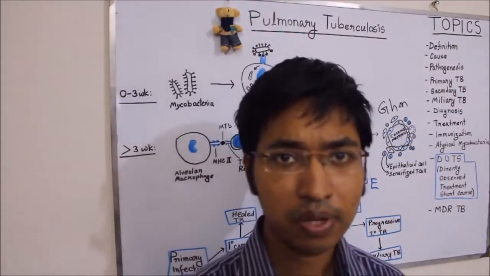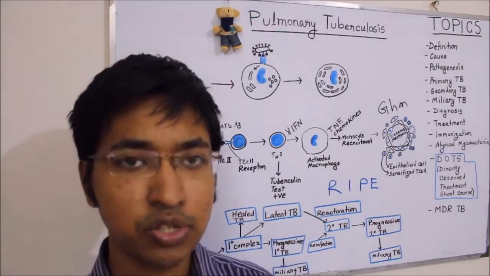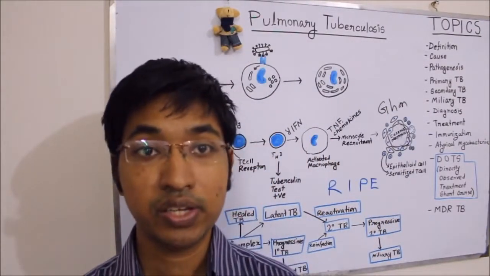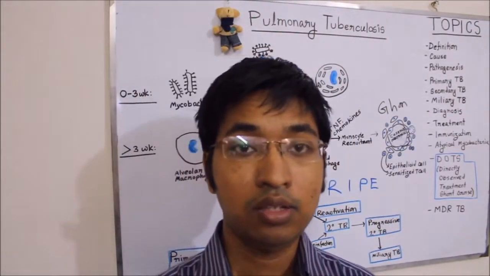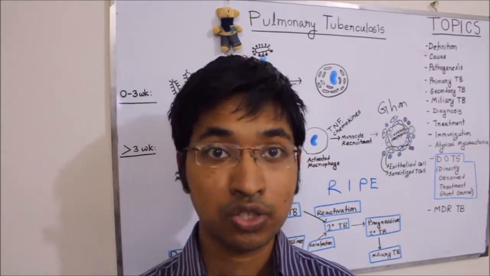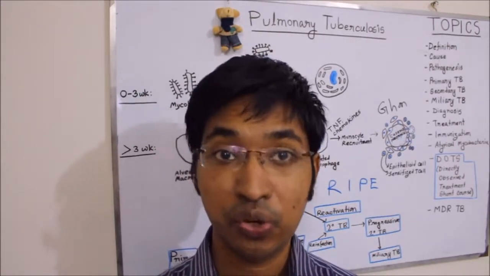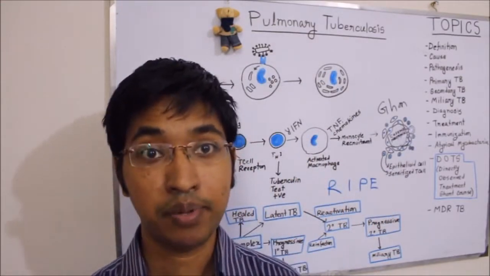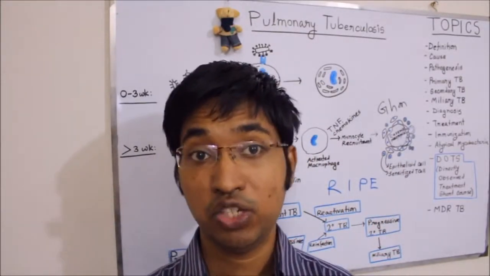So the last topic that we will discuss briefly is about atypical mycobacteria. And the thing I will say is, remember, tuberculosis occurs due to Mycobacterium tuberculosis hominis. However, sometimes it can happen by atypical mycobacteria as well.